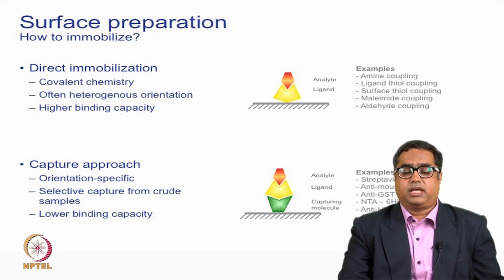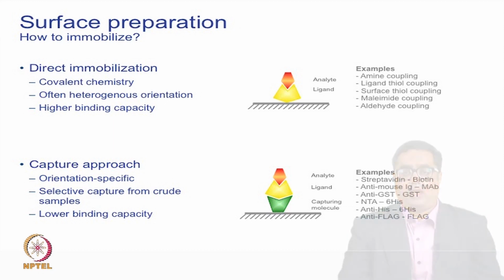Whereas, when we look at the capture processes, because most of the molecules are expressed these days with tags, and when you have tags on the molecule, there are different chips which will capture the tags. Let us say we have a streptavidin chip, and biotinylated molecules like proteins, peptides, DNA, RNA are all captured by the streptavidin chip.